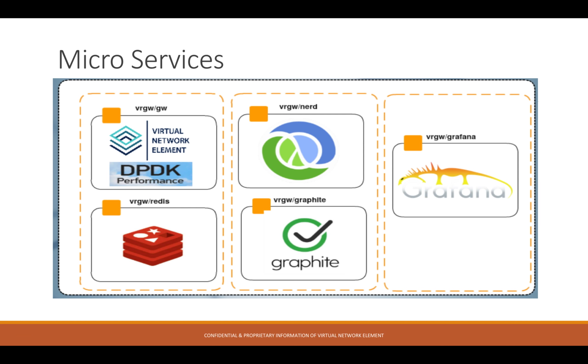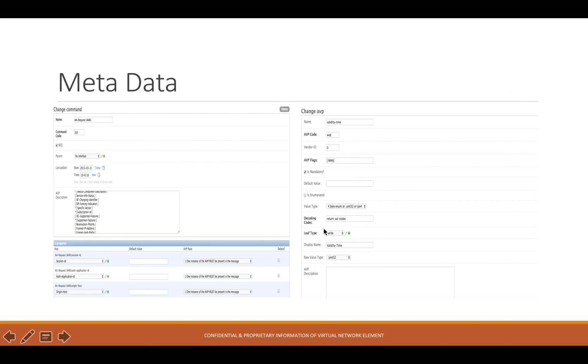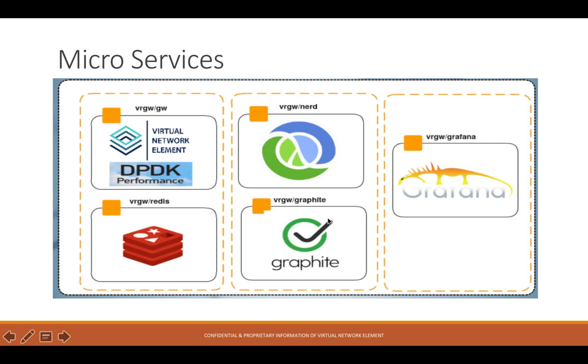We have the control, the gateway and Redis as distributed services that can go on multiple data centers, and we have static services like the UI, the visualization component Grafana, and the database Graphite.